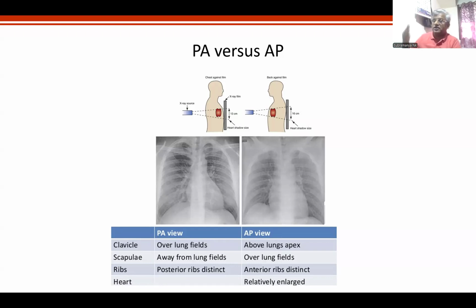You remember in a phone, you take a selfie. You are very close, so the face of the person taking the selfie will be larger than the person who is standing at the back. That is divergent. You understand my point. Whereas in a studio, if you take from a distance, everybody's face will be perfect. So that is PA.